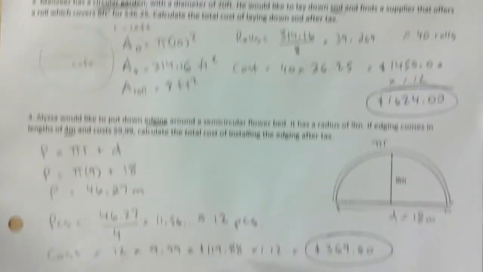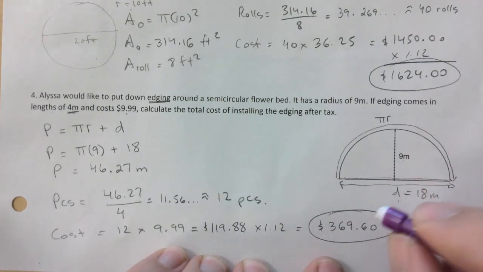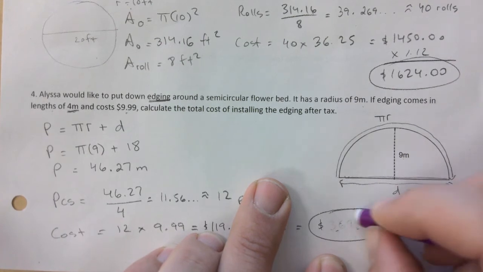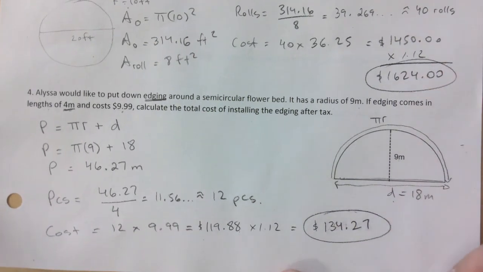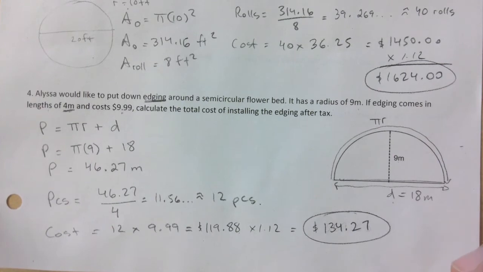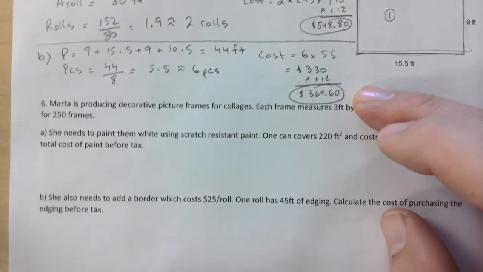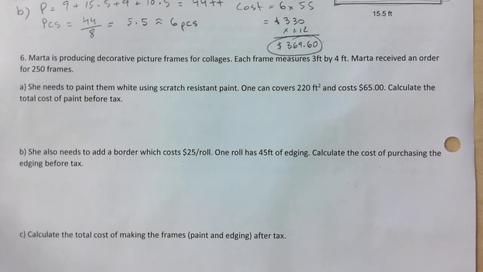Like, how do we go from 119 to 369.60, right? You can say something if you notice that. It's okay. So that's 134. I made changes to it, like I spread yours out more. So my last question on my page is this one that we just did. And so I was looking at the bottom of my original. So my bad.